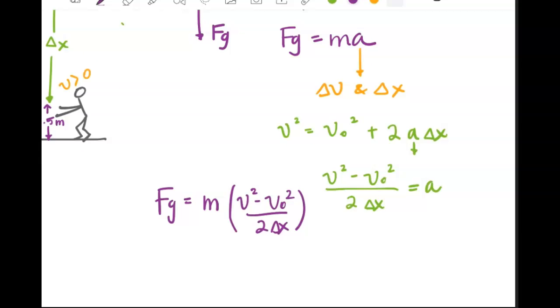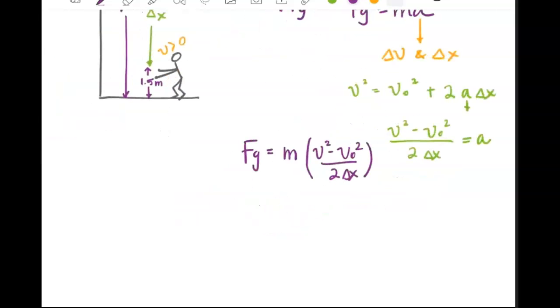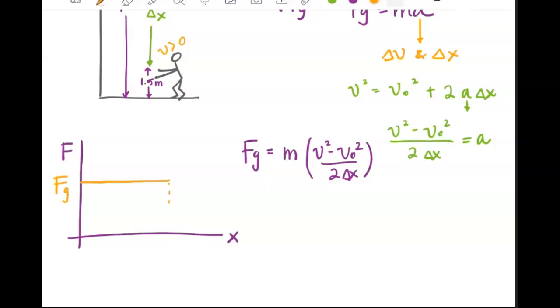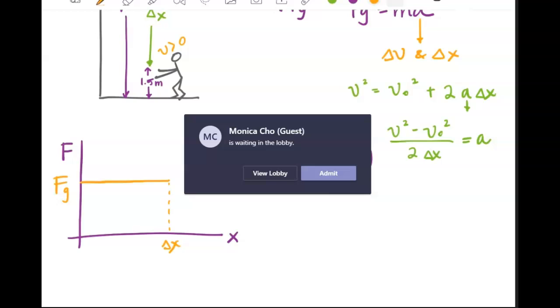So I could actually graph the force versus position. And in this case, it's the gravitational force, which is nice and constant, and its change in position. And remember, I just went ahead and defined it as being x, just so we could have similarities.